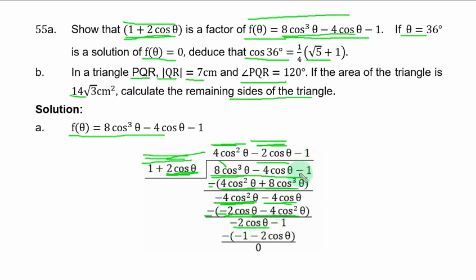The last term, minus 1, you bring it down. Again, you divide the first term by this term and you have minus 1. When minus 1 multiply everything, you have this, and when you subtract, you have 0. Therefore, 1 plus 2 cos theta is a factor of this polynomial.